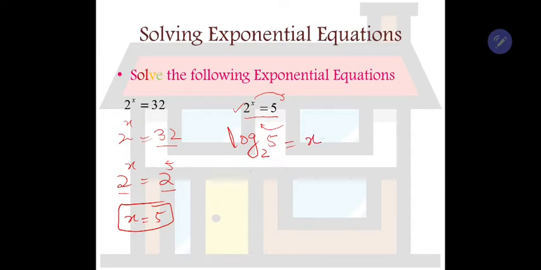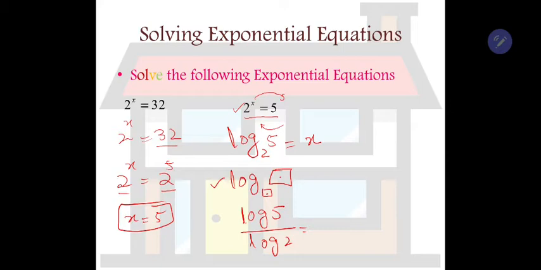You could use your calculator to answer this question. Some of the calculators have something like this, and you can simply plug 2 here and 5 here and find the answer, but some calculators will not have this function. So in that case, you can simply use the change of base formula of log, and you can calculate log 5 divided by log 2, and it will still give you the same answer.